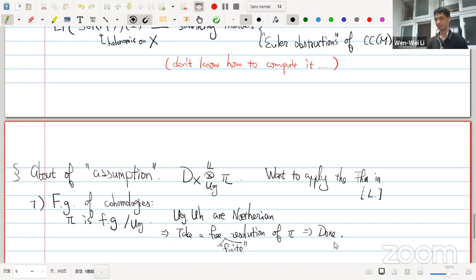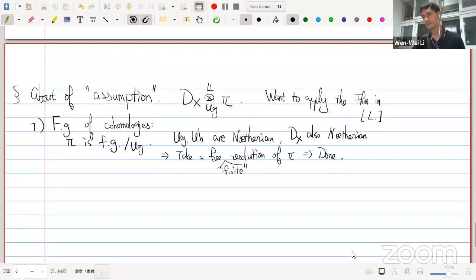In this way, everything you get is finitely generated, and D_X is also Noetherian. Just reduce everything to the Noetherian property, and finally you will get finitely generated cohomologies in the resulting complex.